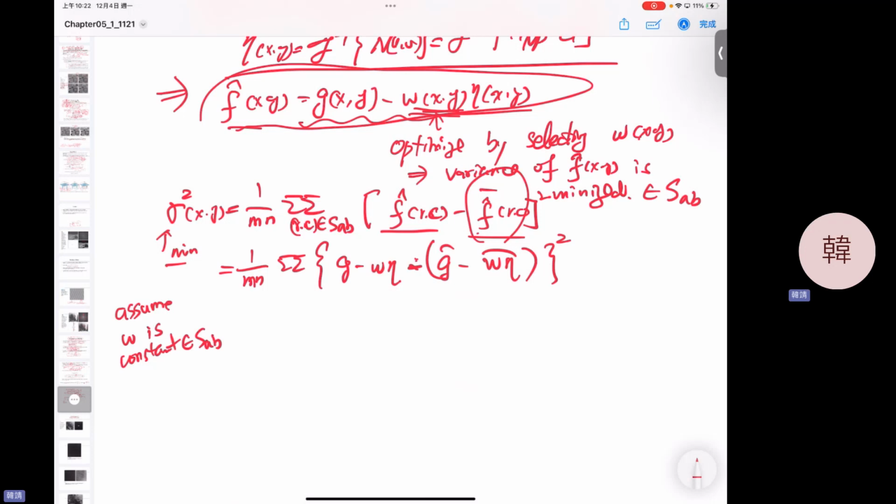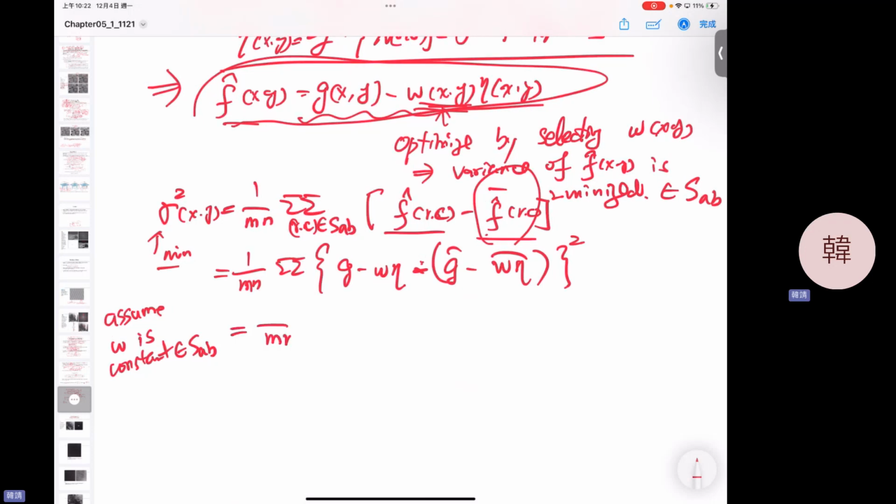If it is constant, and you take the average, what's the result? It should be itself, right? So we can simplify again. Average of this one, and write it again: G minus W eta, the same, and then minus G bar minus W eta bar, squared. We didn't change a lot. We just assumed our weighting coefficient, the unknown parameter, is constant in every sub-image. It's a reasonable assumption.